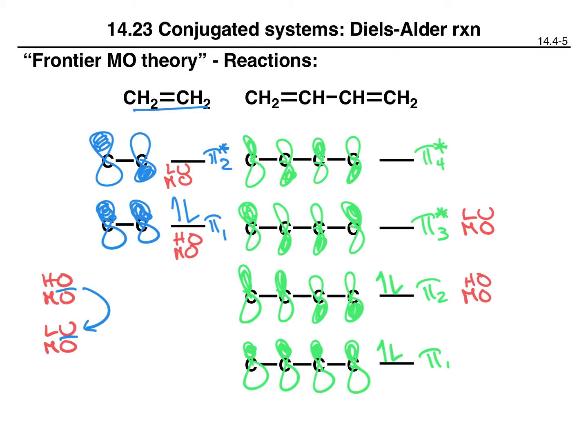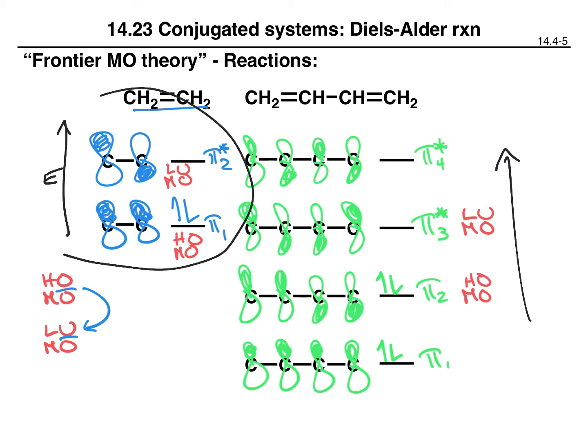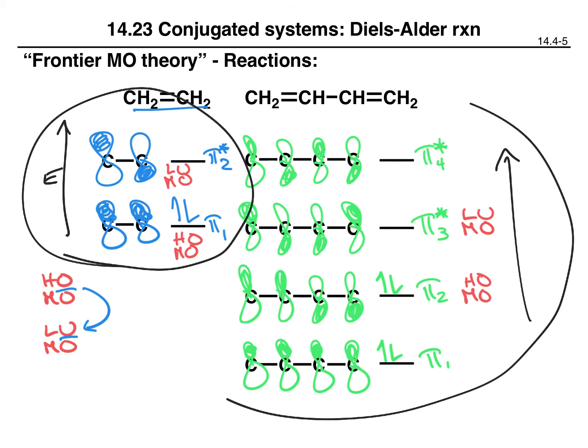Now, for both of these little schematics, we are looking at energy increasing in this direction, and we are looking at energy increasing in this direction, but this is not necessarily on the same scale as this. So I'm not trying to show the relative energy levels of this LUMO compared to this HOMO, or this LUMO compared to this HOMO.